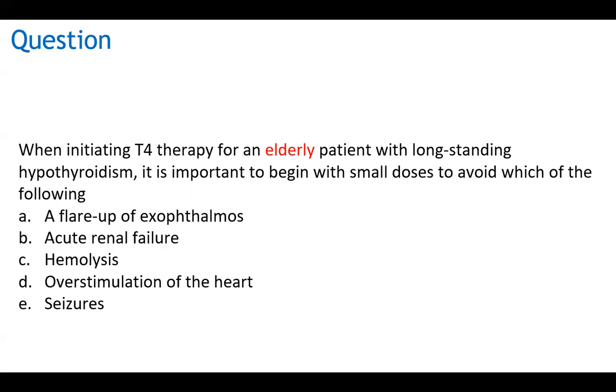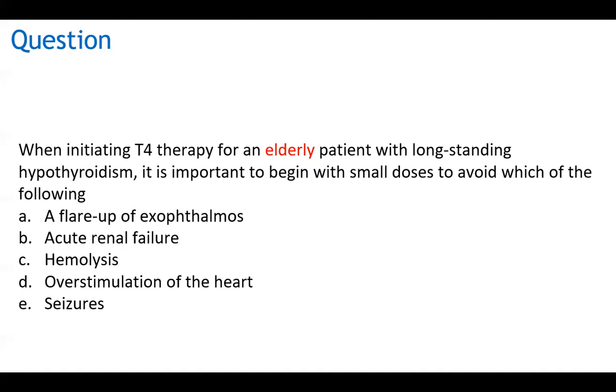So, question. This elderly patient, we are trying to initiate therapy for him, and he has been having hypothyroidism for some time now. Why is it important to begin with small doses in his case? I'm not sure if it's his or her, but anyways. I'm saying elderly.